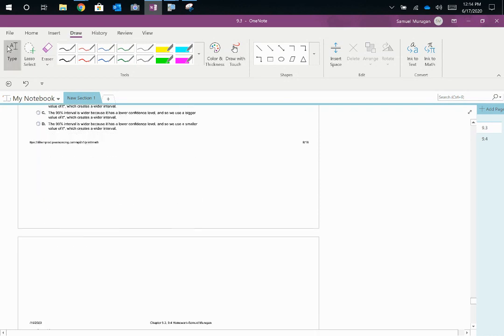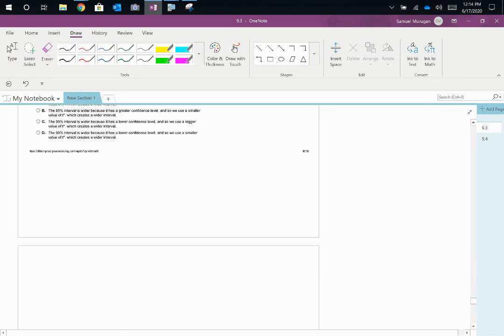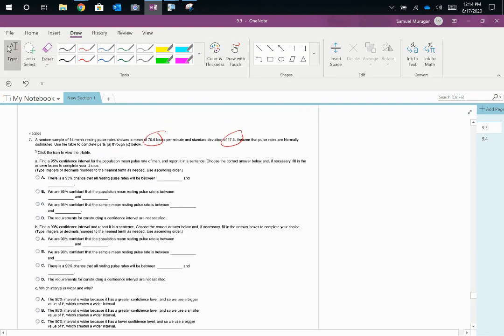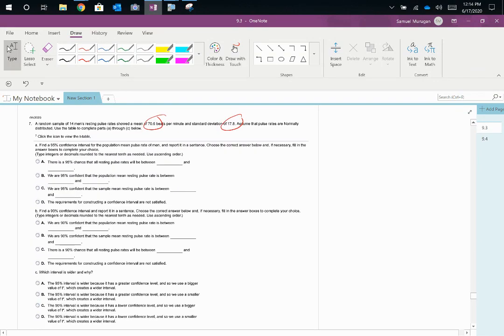So they gave us a table below here that we're not going to use because they want us to calculate the confidence interval from scratch. Instead, we're going to go to the calculator and put in these numbers. FYI, do not use the table.